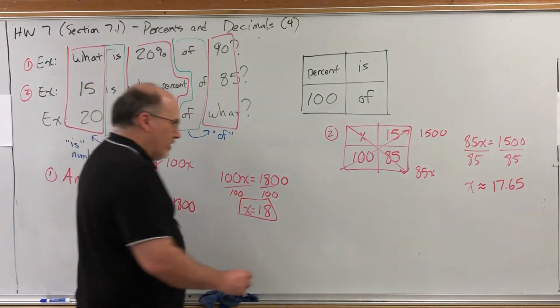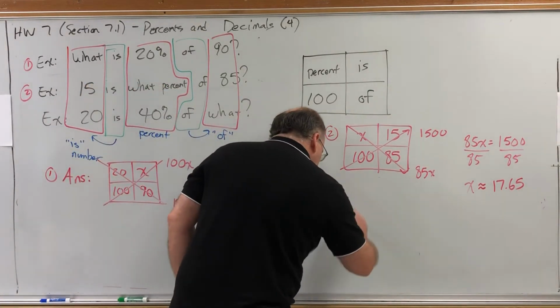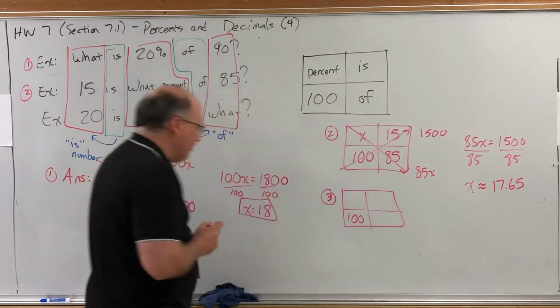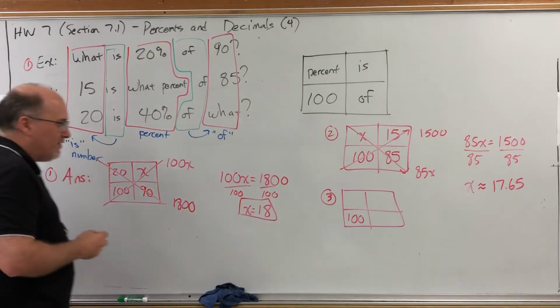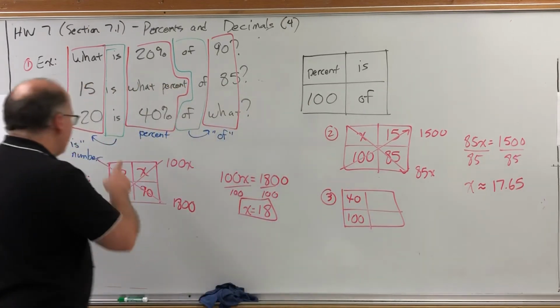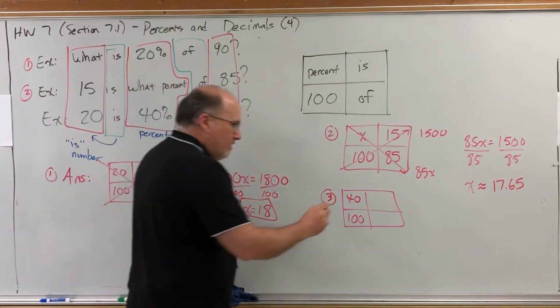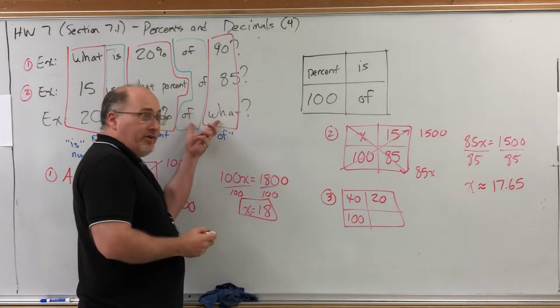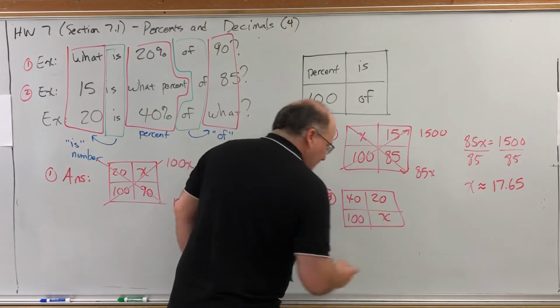And if we do the third one, again, we always know the 100 because percent means per 100. Our percent is 40, so 40 out of 100. The is number goes on top, so 20. The of number goes on the bottom, but we don't know the of number, so that's where the x is.